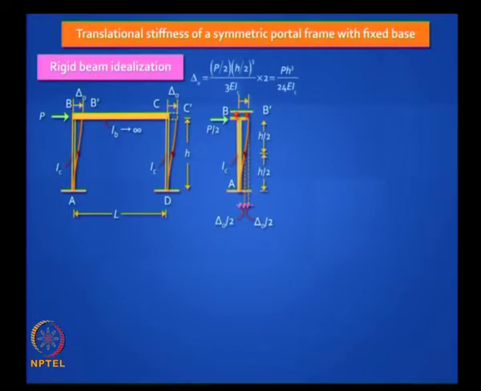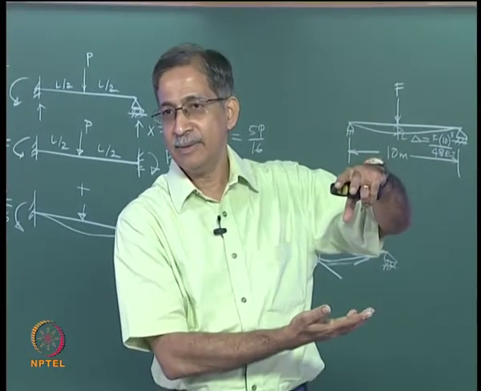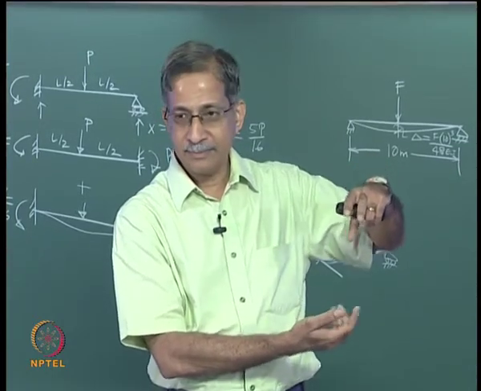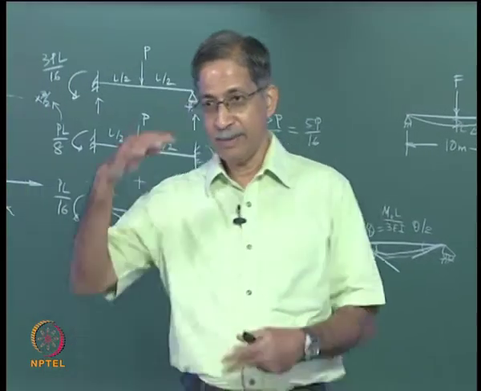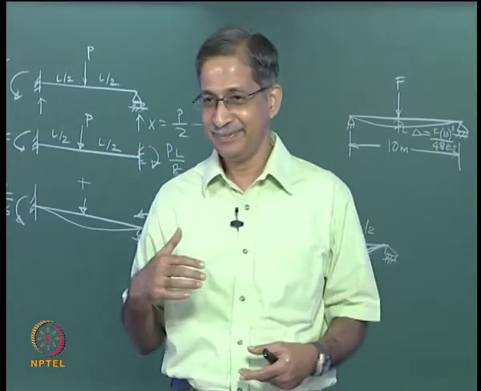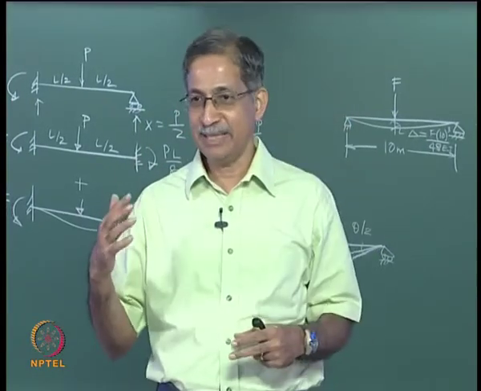So is it okay to say that delta naught is this into 2, where this is P by 2 into H by 2 the whole cube by 3 EIC? It is the same formula except I am taking half the height now. Is it? Because of parity, because if you flip it upside down also it does not change.